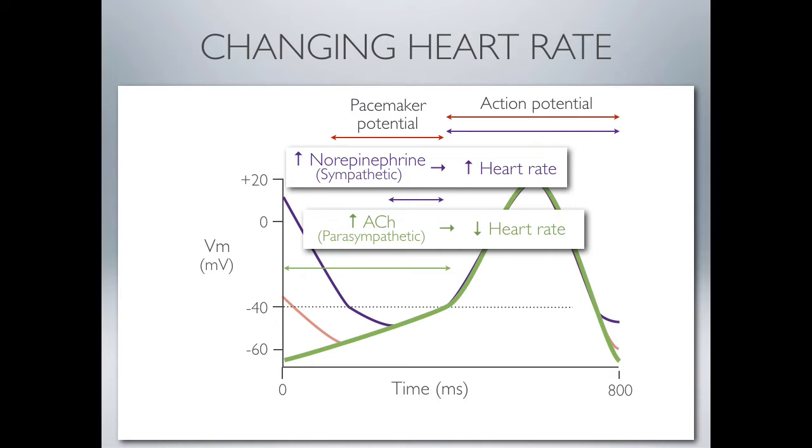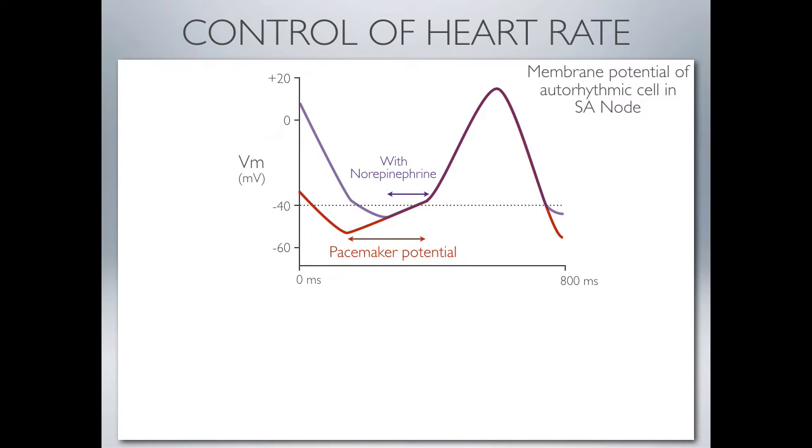Okay, so this is all old news in terms of pacemaker and action potentials, but what we're seeing here is how it gets tweaked by the autonomic nervous system. Let's take those parts and plug them into a control system. Again, we're talking about the efferent side of things, which we show in red.